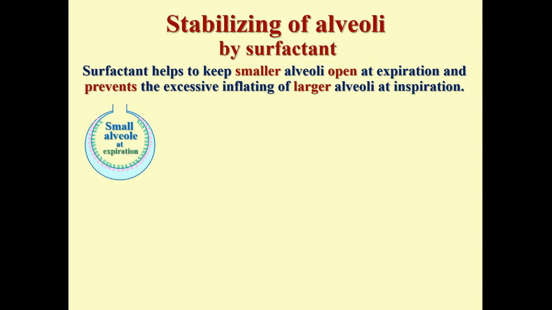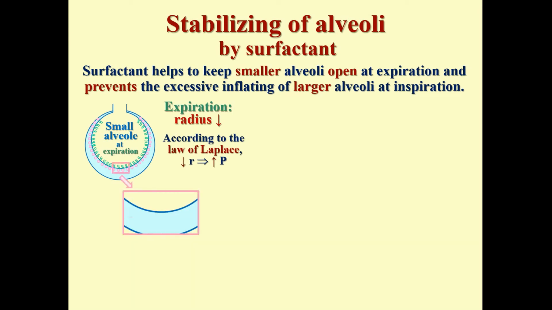Look how it happens. This is the expiration moment. Radius is low. According to the law of Laplace, a radius decrease should produce high collapsing pressure. But with surfactant, you see, with less size, the surface area of the whole fluid surface becomes less, and molecules become thicker, producing a thicker layer with less water between, because the concentration of molecules in each unit of surface becomes higher.